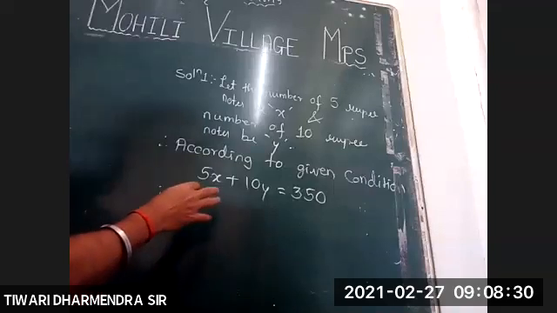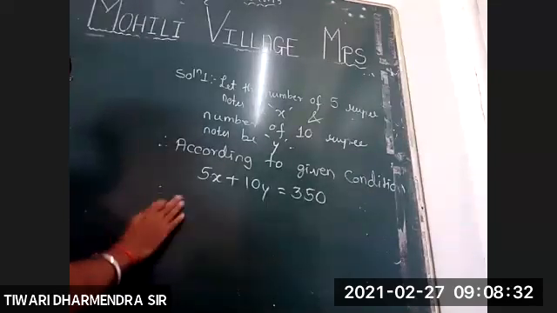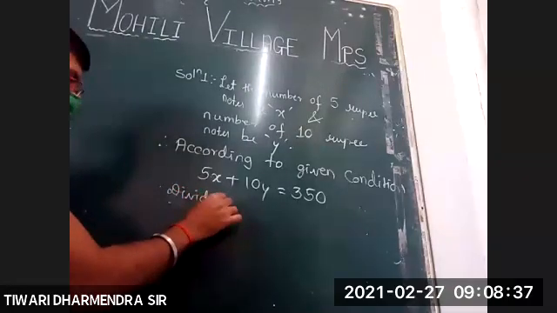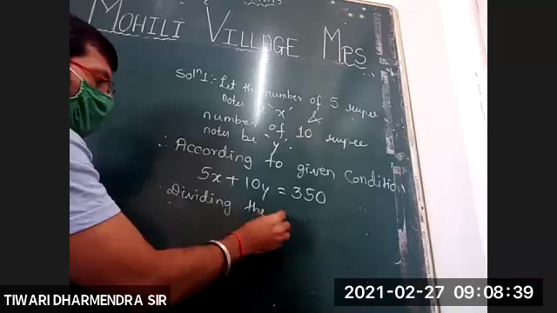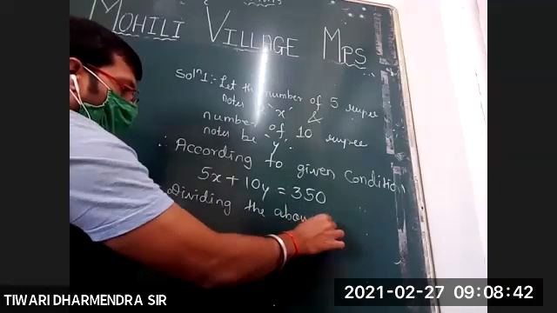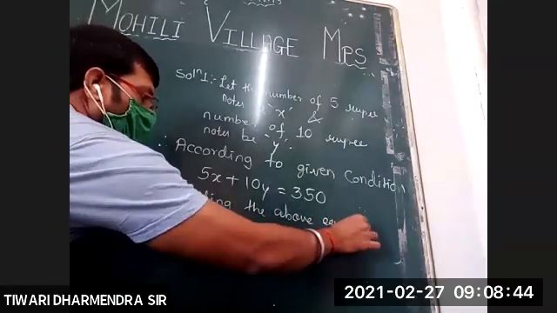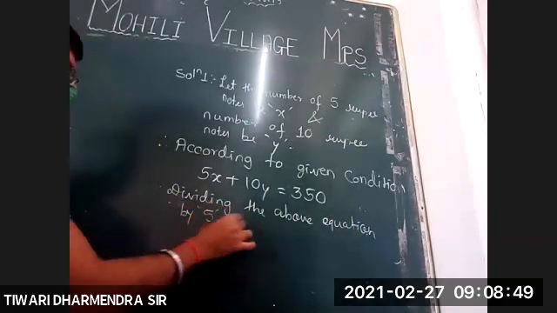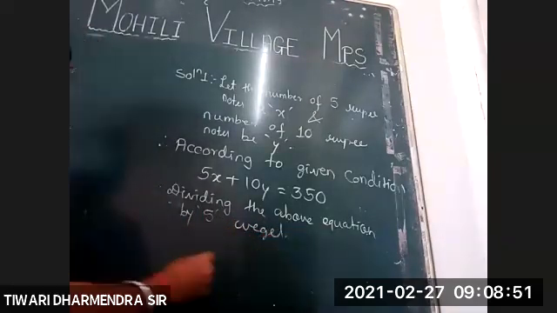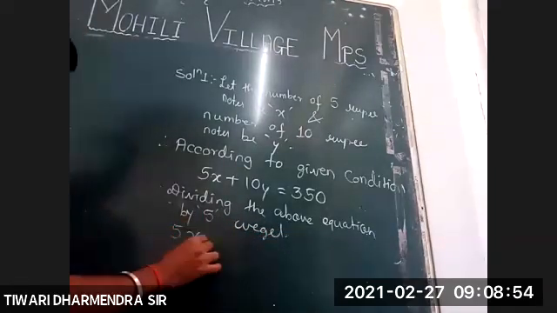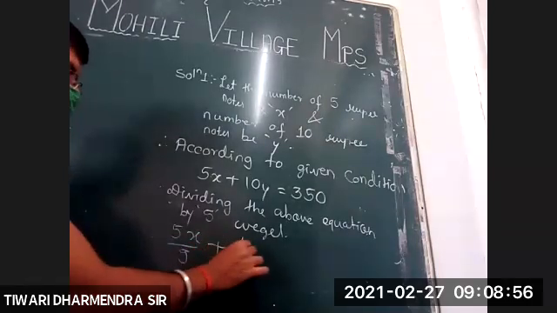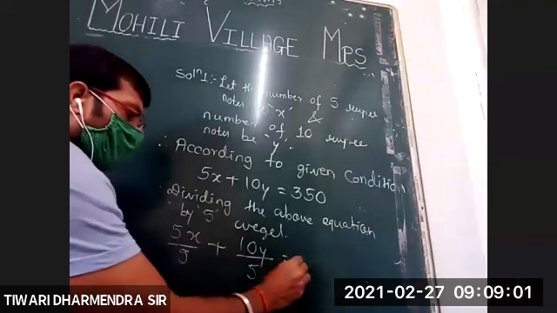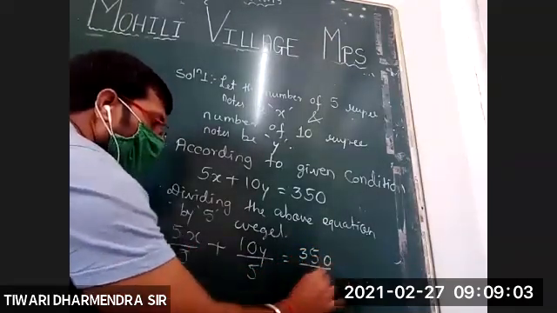We will divide the above equation by 5, we get 5x upon 5 plus 10y upon 5 is equal to 350 upon 5.